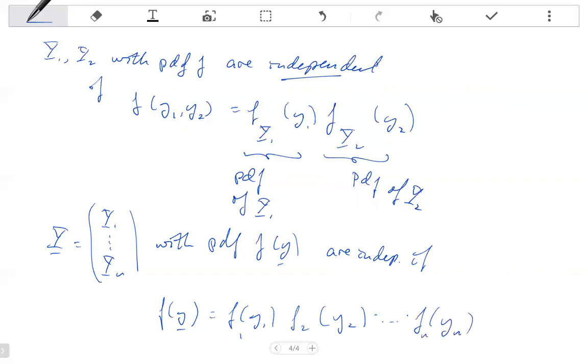And these densities may be different. For example, the probability densities for the y's in regression are all different because they have different means.